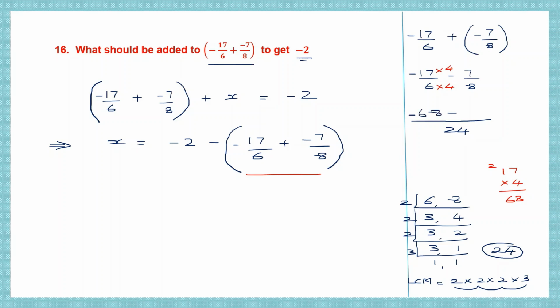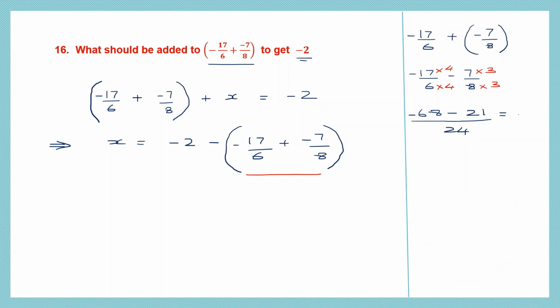Let's go to the next one, 8 into 3 is 24. So 7 3s are 21. So minus 68 minus 21, signs are the same. So let's put the same sign and add. Add 68 and 21. 8 plus 1 is 9, 6 plus 2 is 8, we get minus 89 by 24.